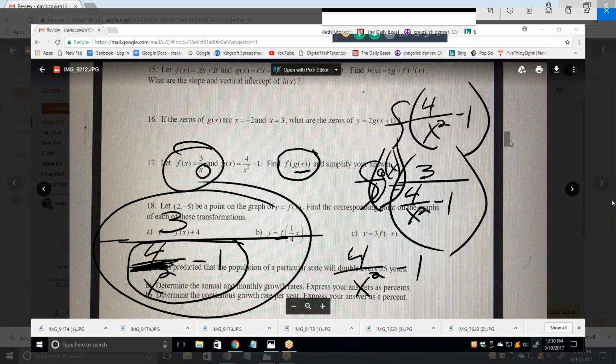Whenever you're adding or subtracting fractions, you always have to do the same thing first, every single time. What is it? Common denominator. So what's the common denominator going to be? X squared. What's 1 equal to? And if I put a common denominator of x squared there, what's the numerator? X squared. So now that whole expression is equal to 4 minus x squared over x squared.